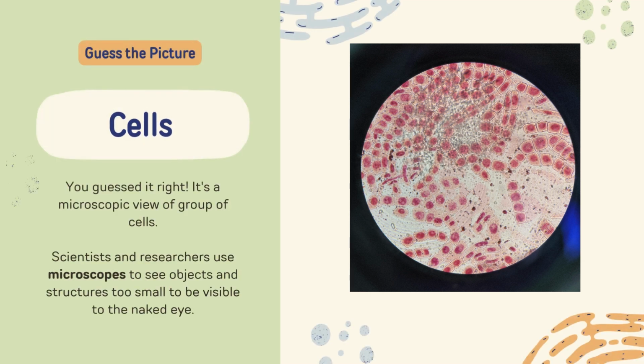If you said those are cells, you are right. Most cells are very, very small, so we can't see them with our naked eyes. We need a microscope to see them. So let us start our lesson today.